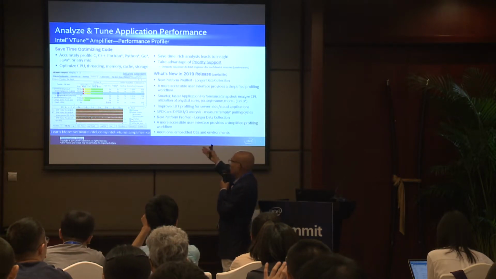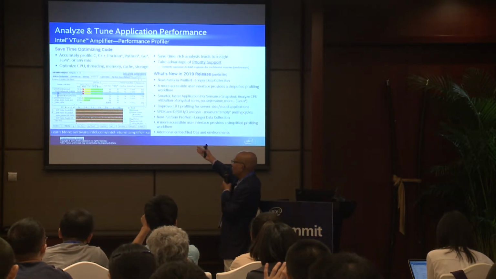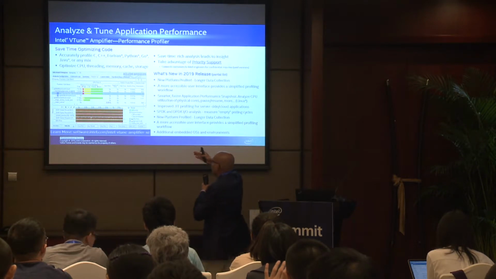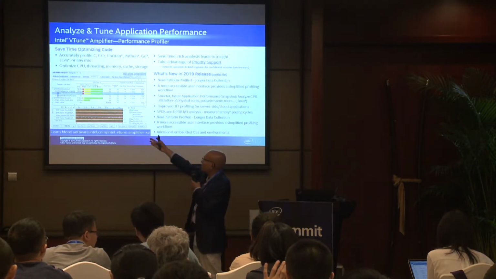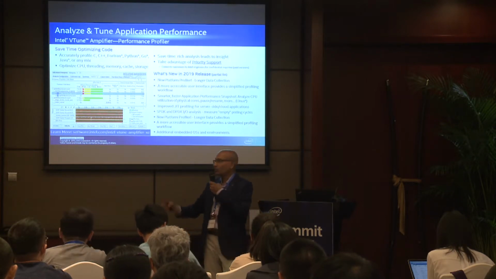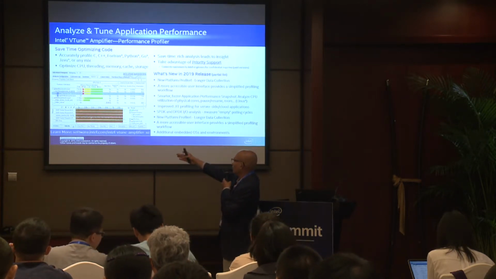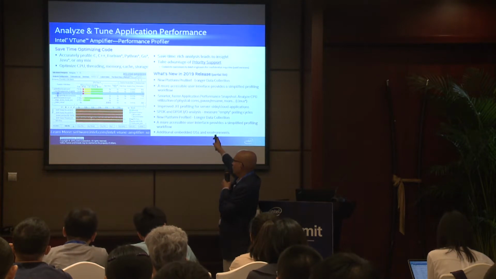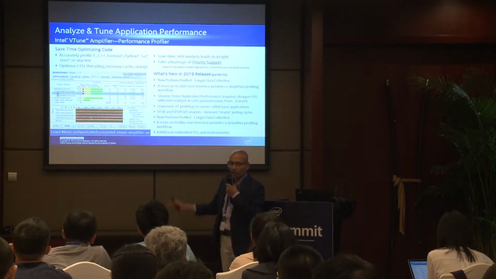This is one view within VTune where you're seeing all the functions. We look at all the functions in your code and give you various metrics and indicators, color coded.